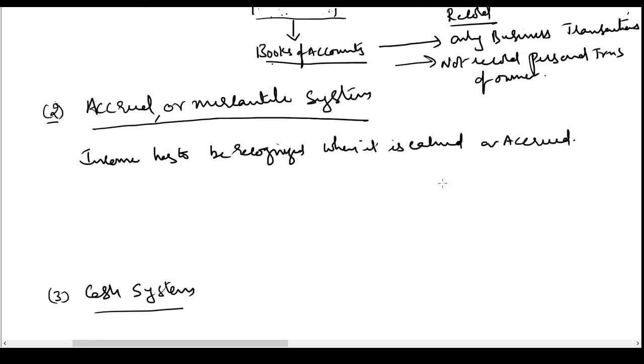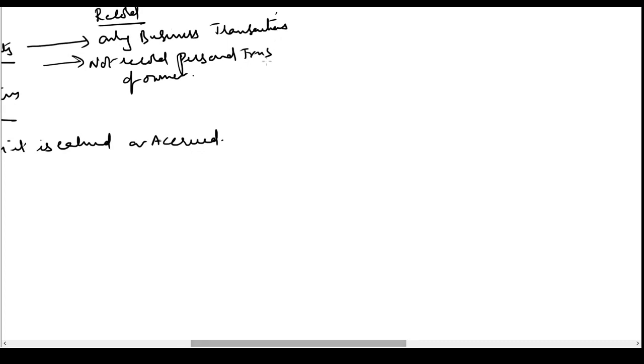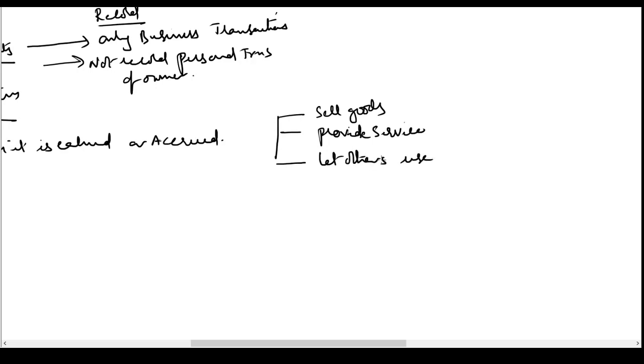Now, this means that a business can, let us say, do three things: sell goods, provide services for which it will receive some fees income, or let others use assets of the business.